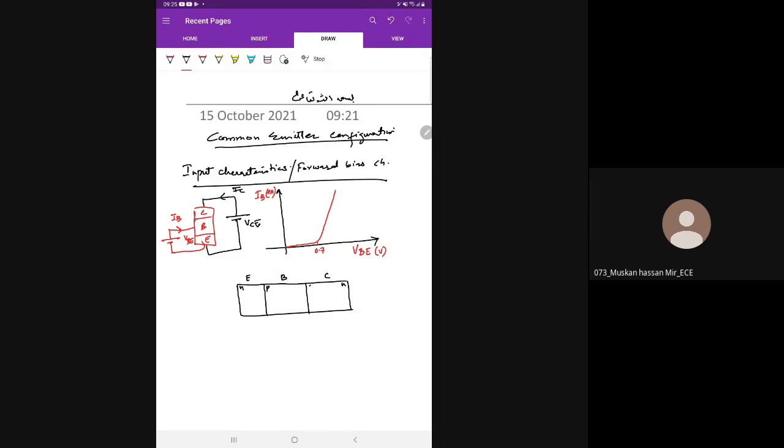Whatever voltage is applied between base and collector is known as VCB.